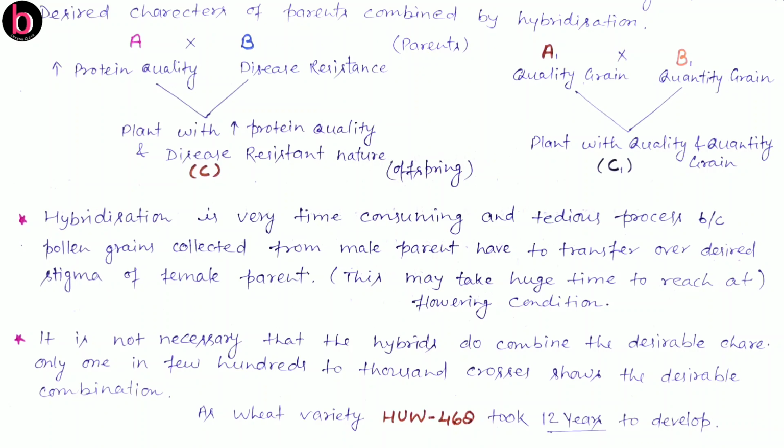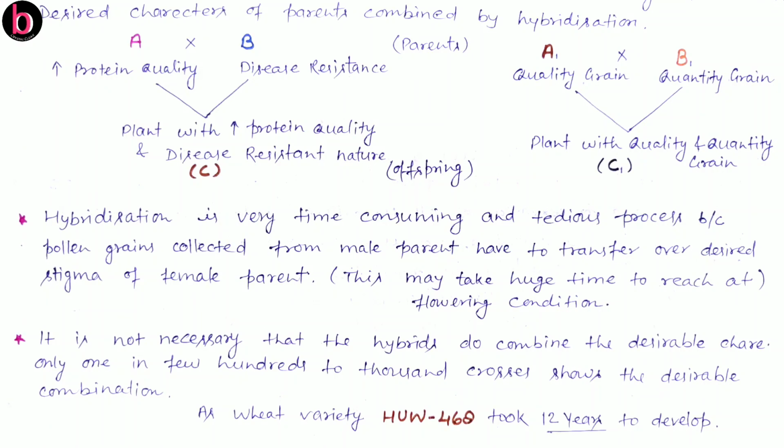The second thing is again very time consuming. It is not necessary that the hybrids combine the desirable characters. Only one in a few hundred to a thousand crosses gives the desirable combination, means when we perform 100 to 1000 crosses to achieve a particular character in a hybrid form, then out of 100 or 1000 there may rarely be one chance when these characters get fused and come together in a new cultivar.